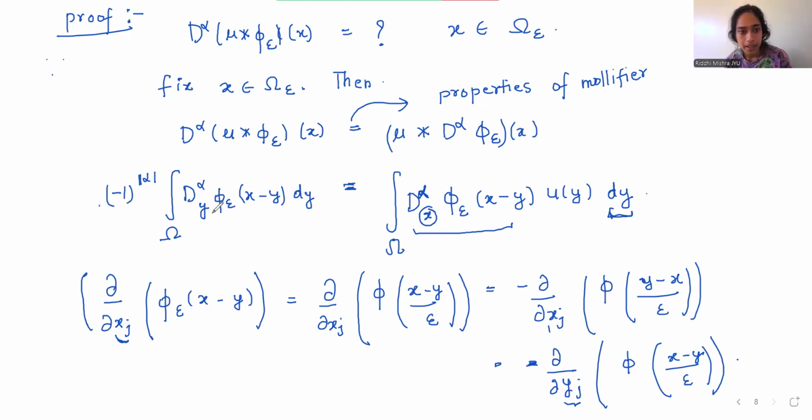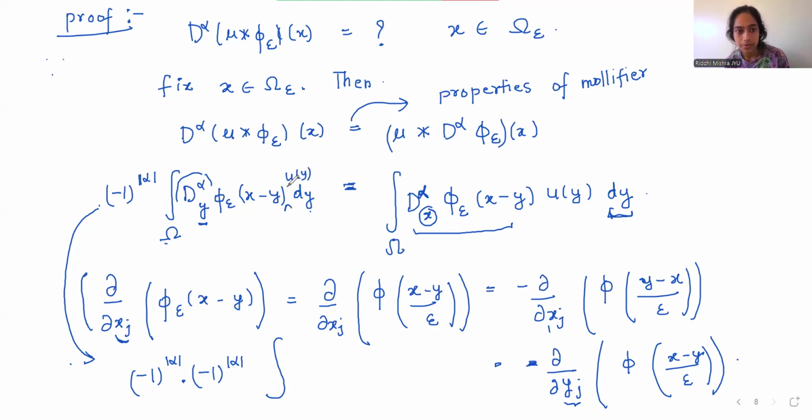And now you can use integration by parts because your derivative is also with respect to y and you are integrating with respect to y. By integration by parts, you get plus one, another factor of minus one to the power mod alpha. And now you have transferred this derivative to u, because now u has a weak derivative.